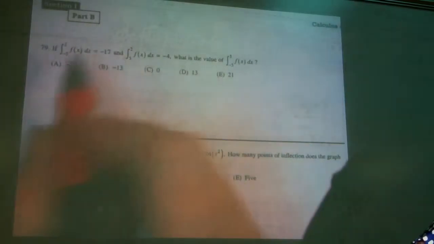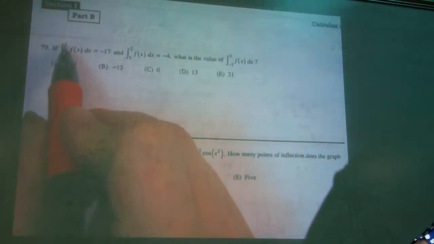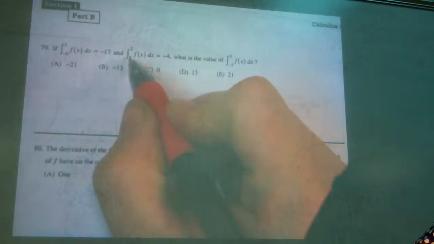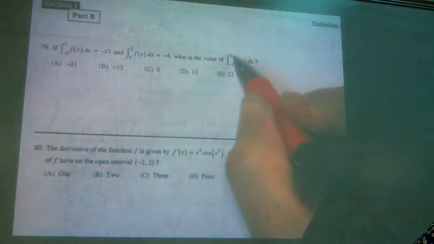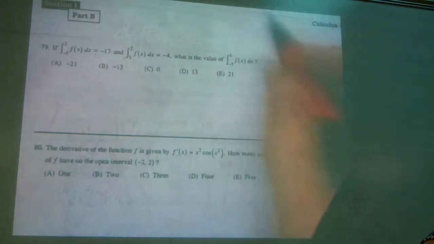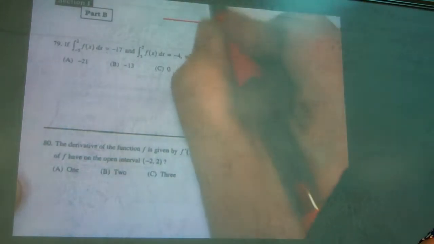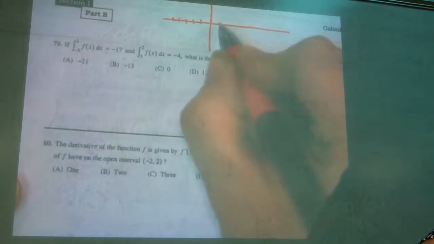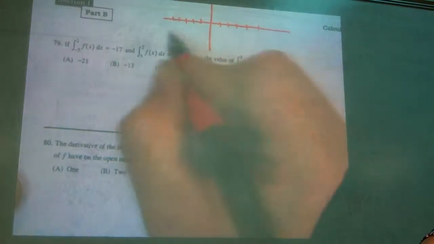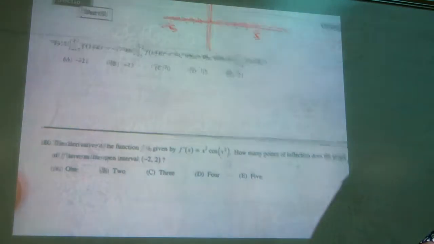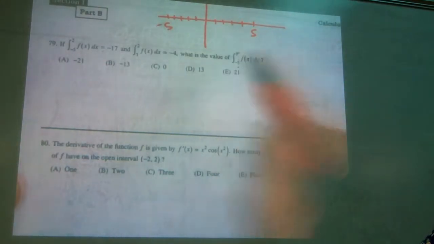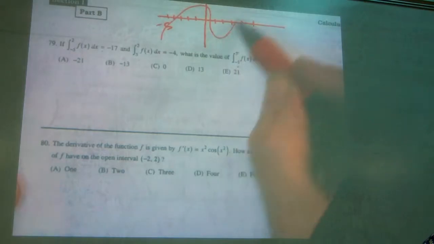79, they give us the integral from -5 to 2 and the integral from 5 to 2, and they want the integral from -5 to 5. So if you think about it, we've got some graph, I don't know what it looks like, but we've got some graph that goes from -5 to 5.